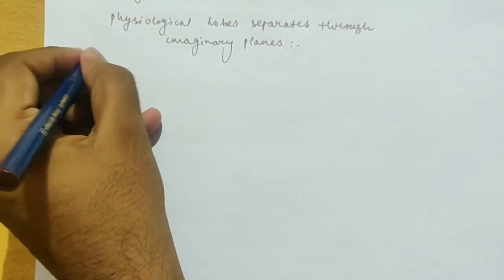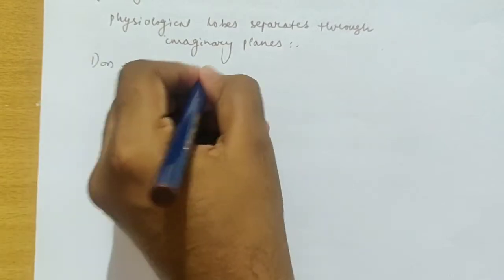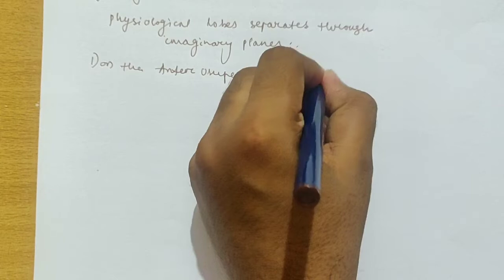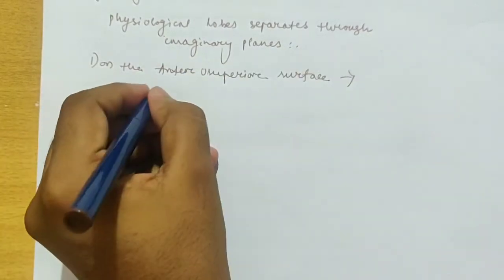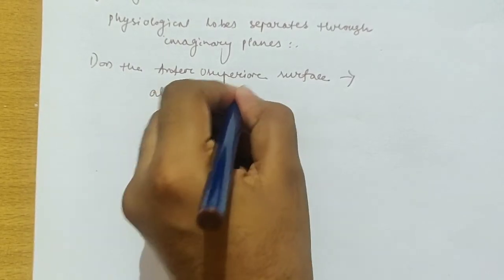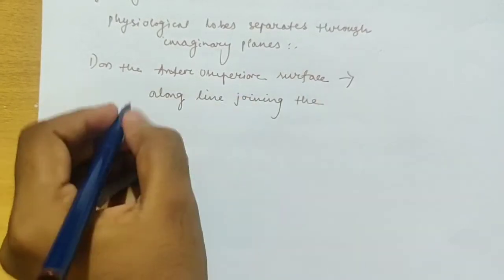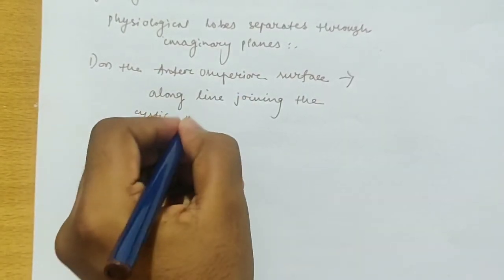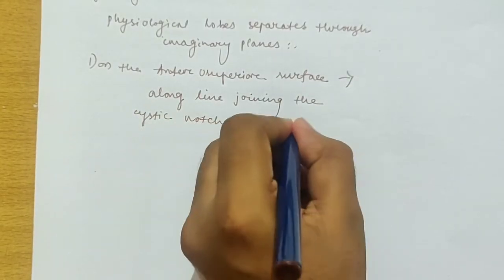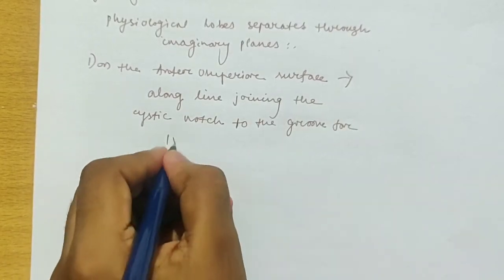On the anterosuperior surface, the plane is along the line joining the cystic notch to the groove for inferior vena cava.